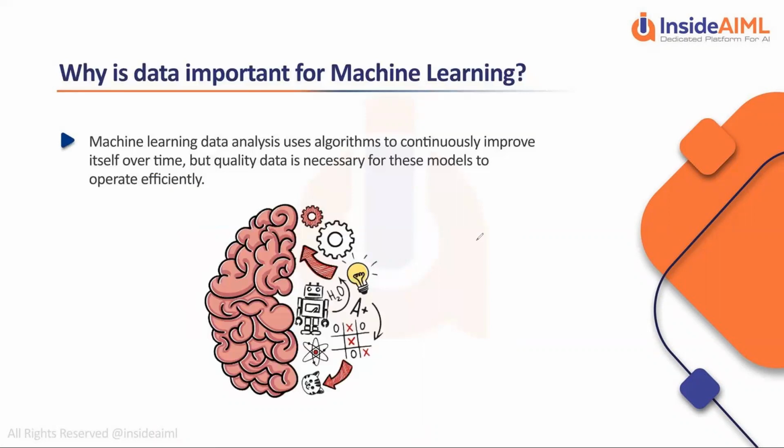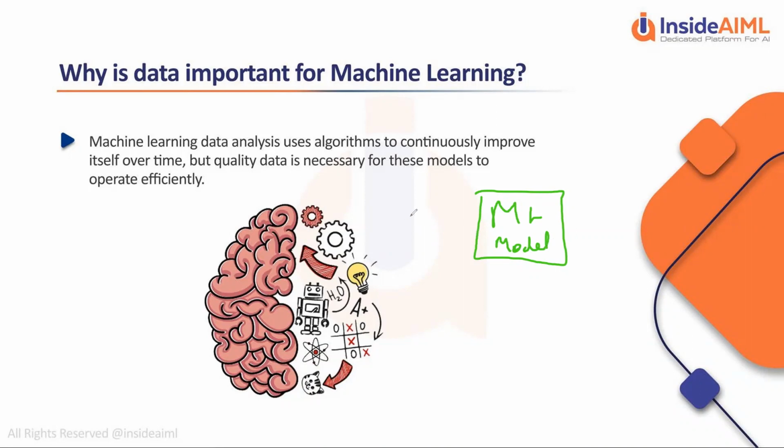Now, a machine learning model, an ML model, requires a lot of data to learn from. And the data should be proper, it should be consistent, it should not be redundant, right?